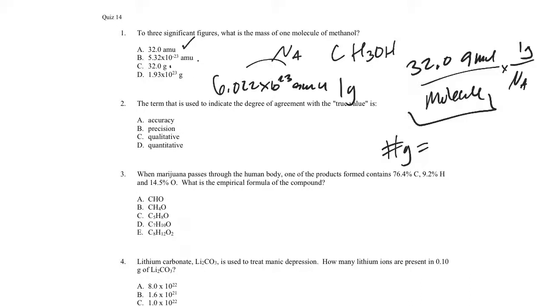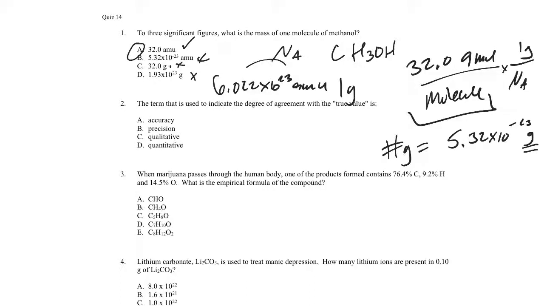And so if we were to do that, I'm just going to point out here that does work out to 5.32 times 10 to the minus 23, but that would be grams on AMU. So that's wrong, that's nonsensical. So the answer is A.